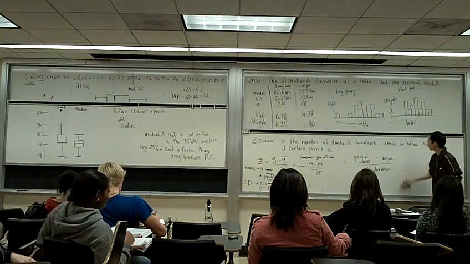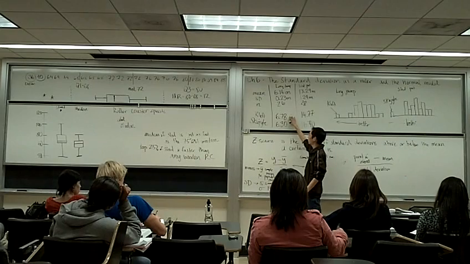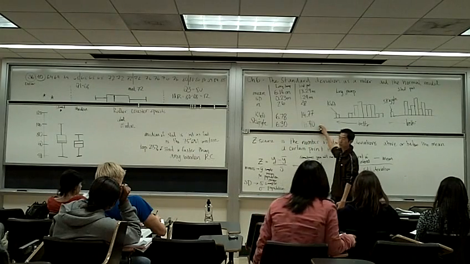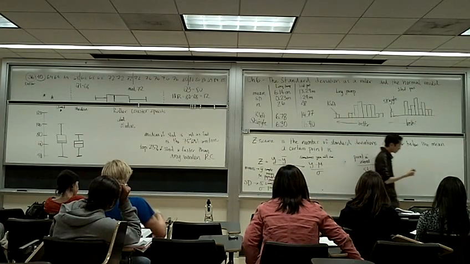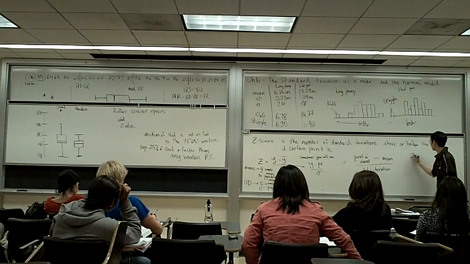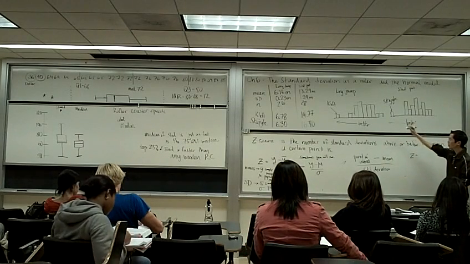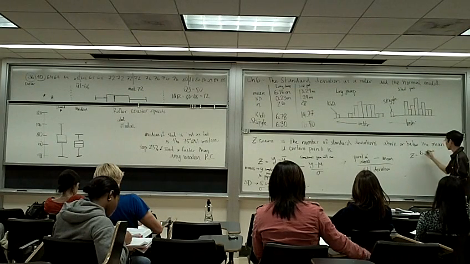All right, so let's calculate the z-score for Kluft's long jump, and we'll calculate Squeete's z-score for her shot put throw. Kluft's z-score is given by z equals the point of interest, which is 6.78.